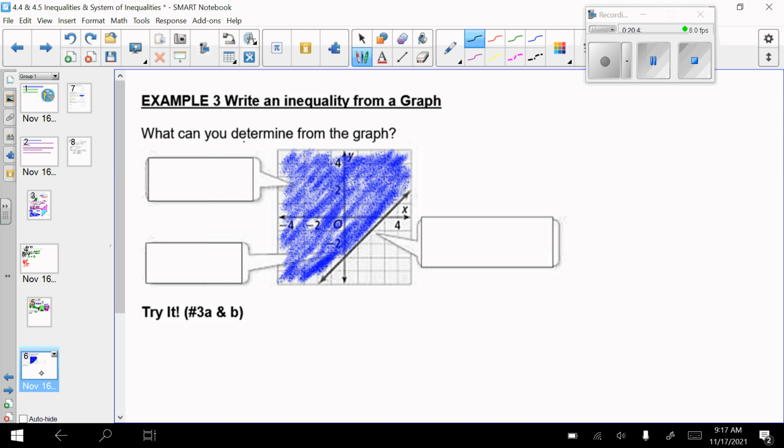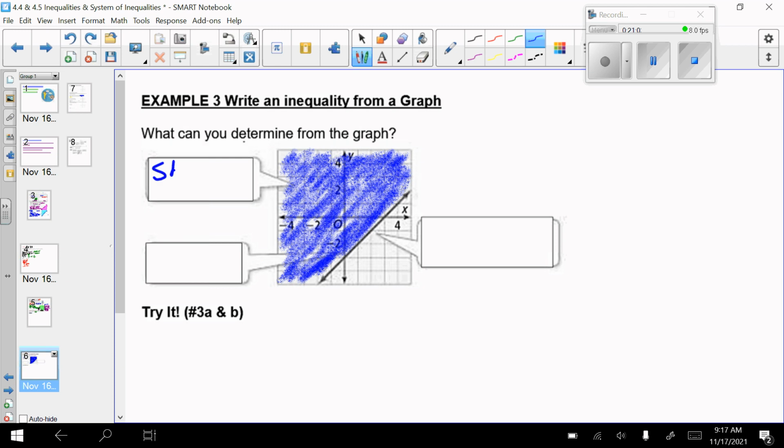So instead of looking at the inequality and drawing the graph, now we want to just look at the graph and see if we can figure out the inequality. That's kind of what we're doing here. So that little first box on the left, what do you notice about my graph or my shaded region? Is it above or below the line? Okay, good.